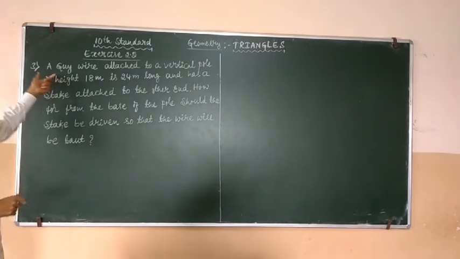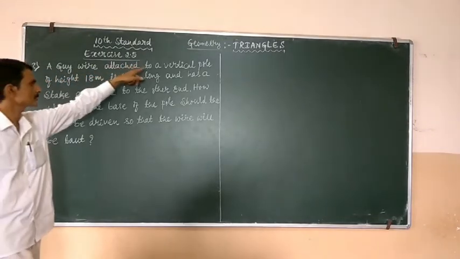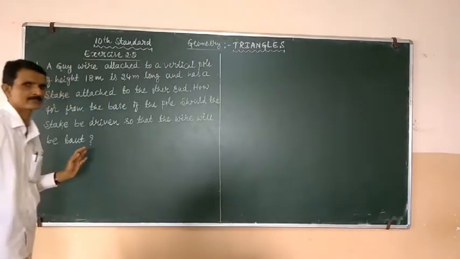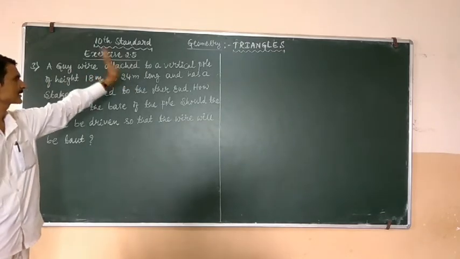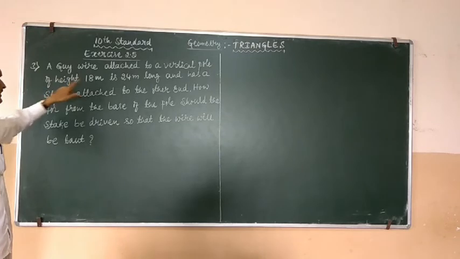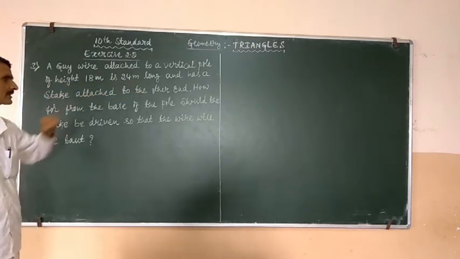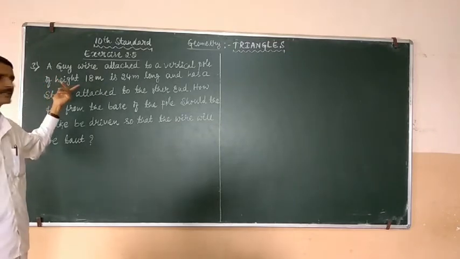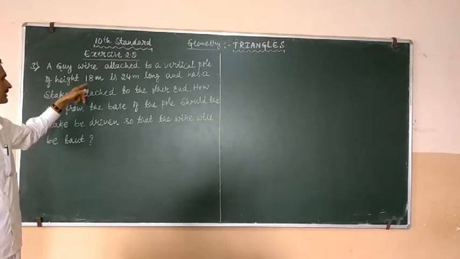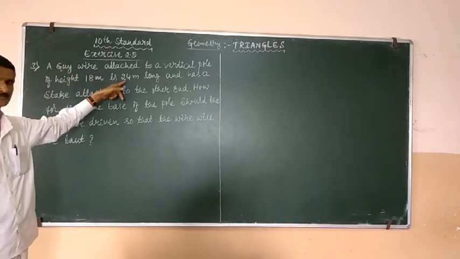Now students, observe the next problem. A guide wire attached to a vertical pole of height 18 meter is 24 meter long. That means the height of the pole is 18 meter and the length of the wire is 24 meter.